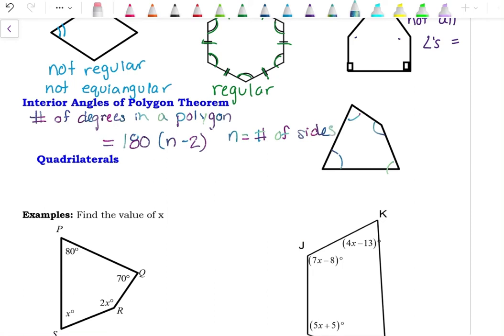So if I were given a polygon with 20 sides, I could put 20 in for n and find out how many degrees all of the angles are going to add up to be. For quadrilaterals, we already know that all of them will add up to 360 degrees. Always. For all 4-sided polygons.